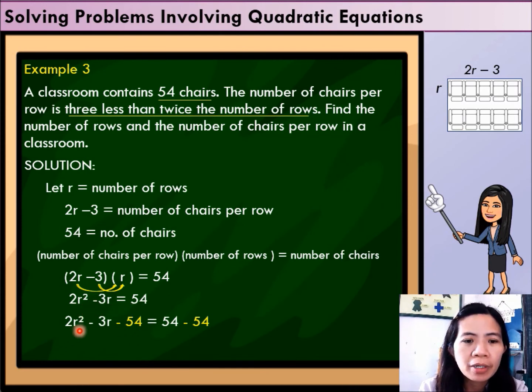We have 2r squared minus 3r. Then we get the additive inverse of positive 54, which is minus 54, and add it to both sides of the equation. So our standard form now is 2r squared minus 3r minus 54 equal to 0.